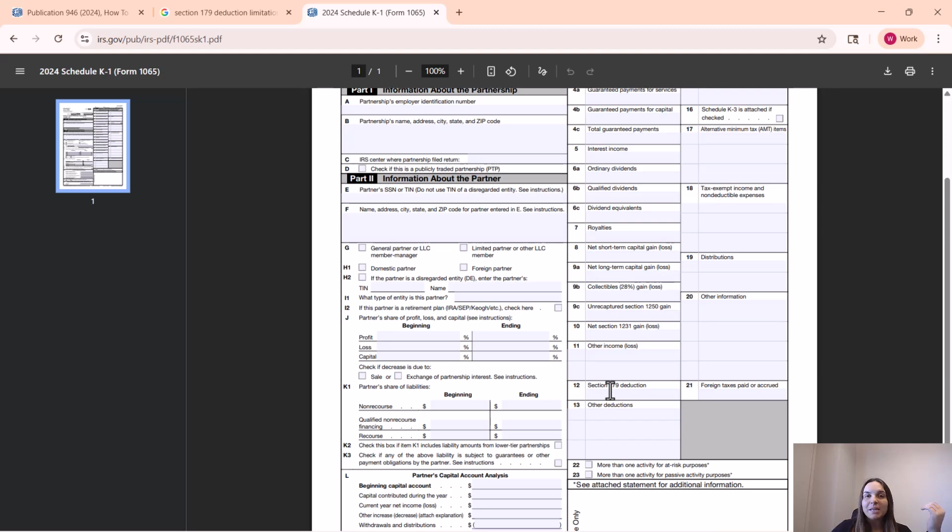So it's going to be calculated a little bit differently on their tax return, the limits, than on a partnership or an S corporation's tax returns, but they have limits on their personal as well. So if they end up with too high of a Section 179 deduction in these businesses, then they would carry forward that Section 179 deduction on their personal return. So you can carry it forward in multiple areas. It's kind of complicated.